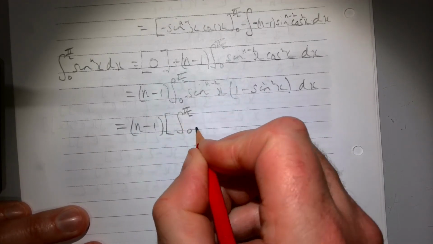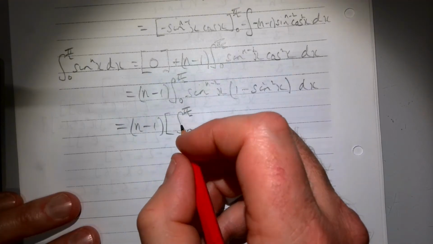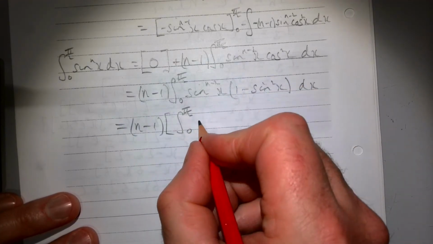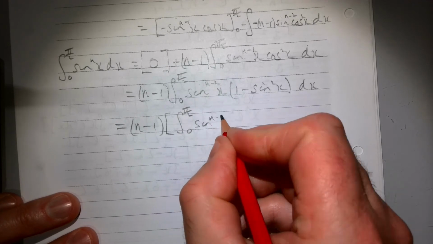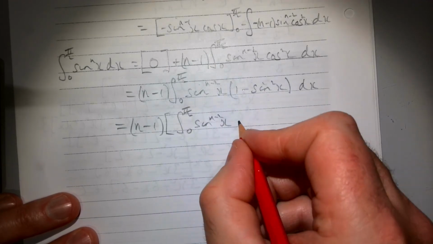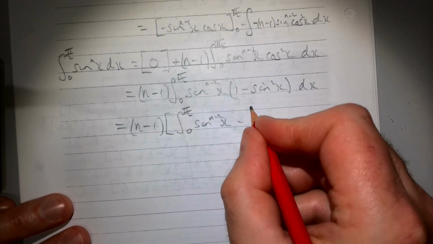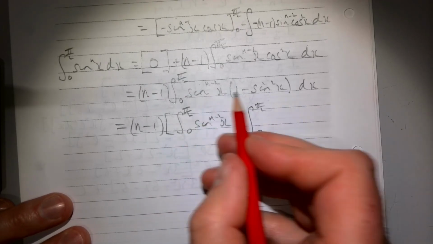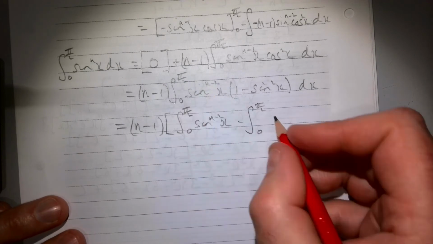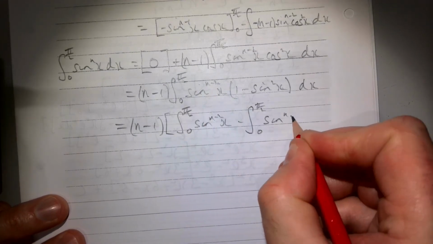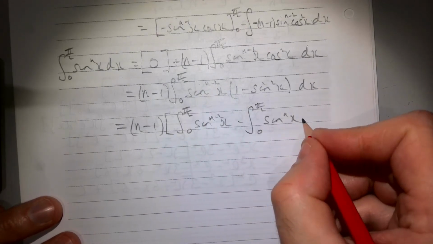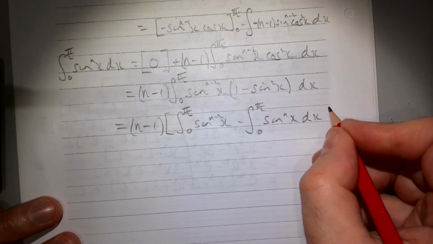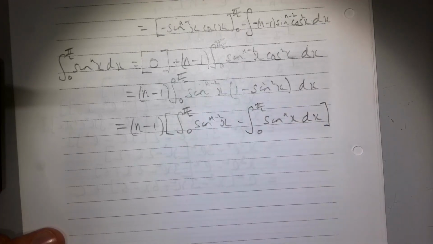Between pi over 2 and 0, times by the 1, we end up with sine n minus 2 of x, and then minus the integral between pi over 2 and 0. Here I'm timesing this by this, and of course that gets rid of the 2 there, so you just end up with the original question of sine n x dx.